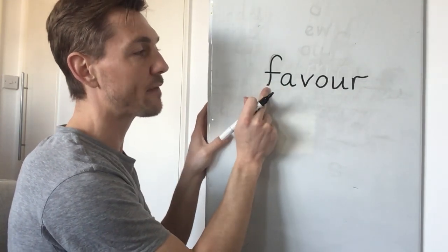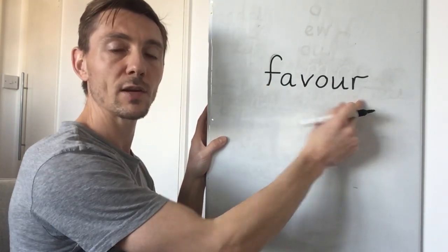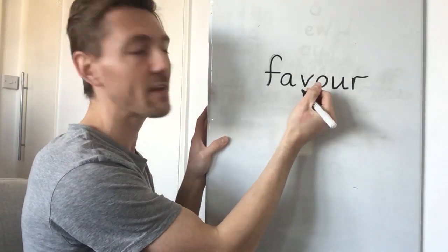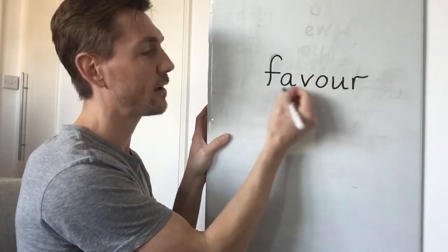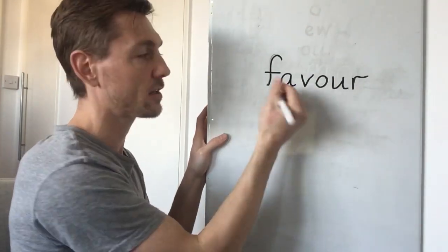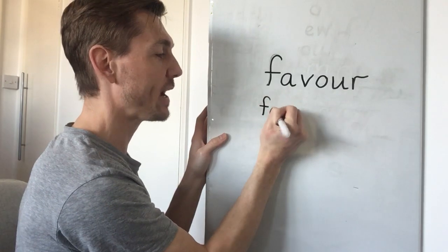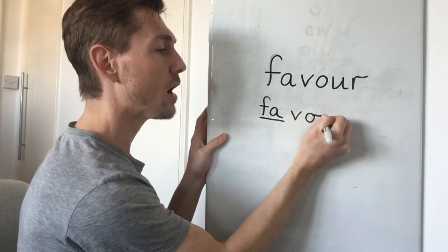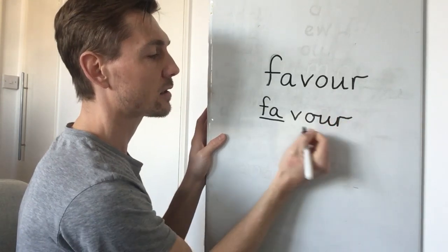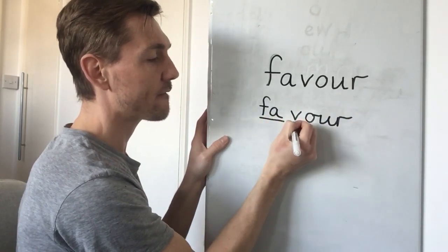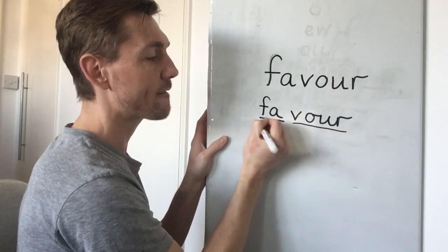And when you say the word favour, if you listen carefully to the last syllable, you don't say "our", you say the schwa. Favour. Can I ask a favour? Fa, v, favour.